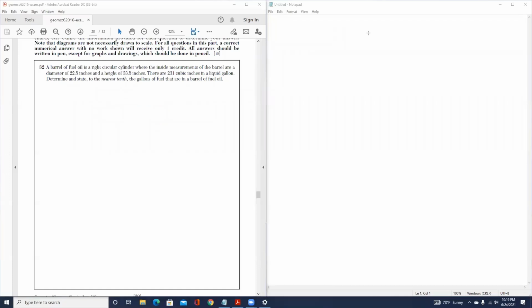Whoops, I'm still using purple, I'll use black. So there's our barrel of fuel oil. Let's write out the measurements we have.